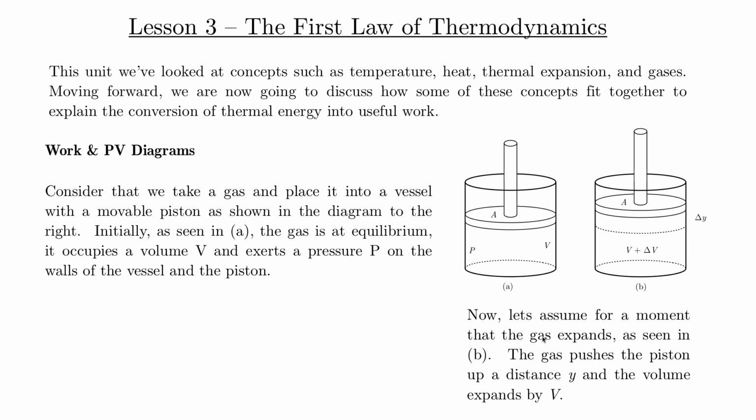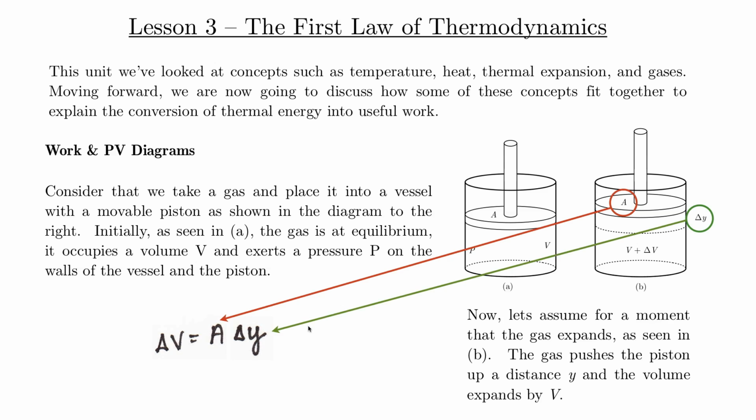And let's assume just for a moment that the gas expands, as seen in part B. And when this gas expands, of course, the piston goes up, and it moves a distance delta y in the upwards direction, and that increases the volume by delta V. So the gas pushes up on the piston a distance delta y, and the volume expands by a change in delta V. Well, what we know is that this change in volume, this little extra bit that we get in this section right here, is equal to the cross-sectional area times the change in height, because of course it's the volume of a cylinder.